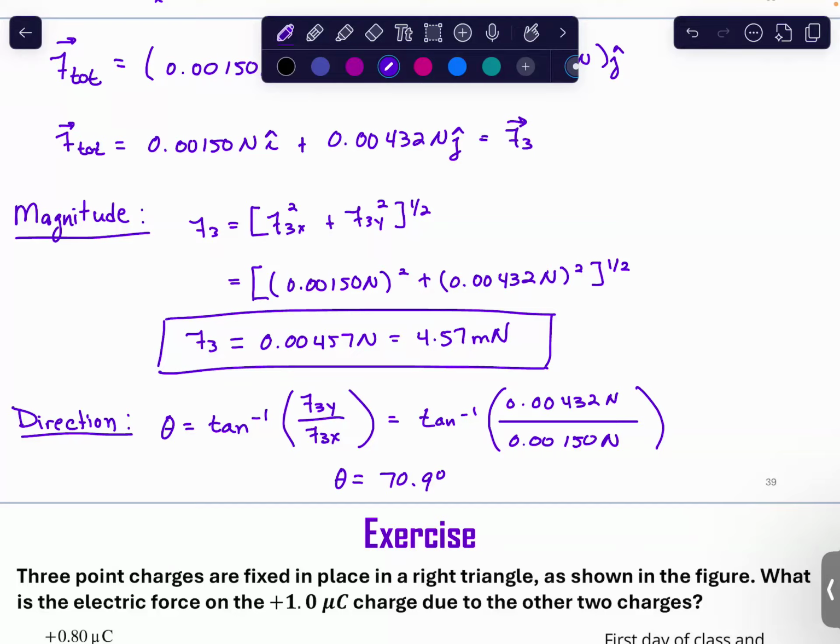So we know the total force vector is in the first quadrant. It is a positive angle, which means it goes which way? Counterclockwise. Yes.